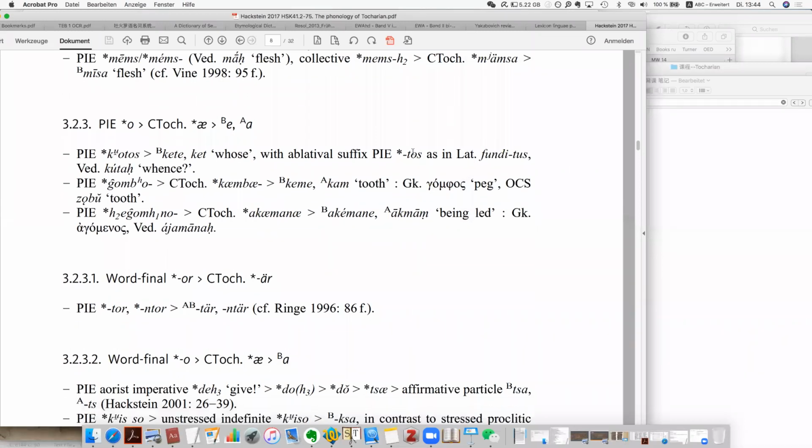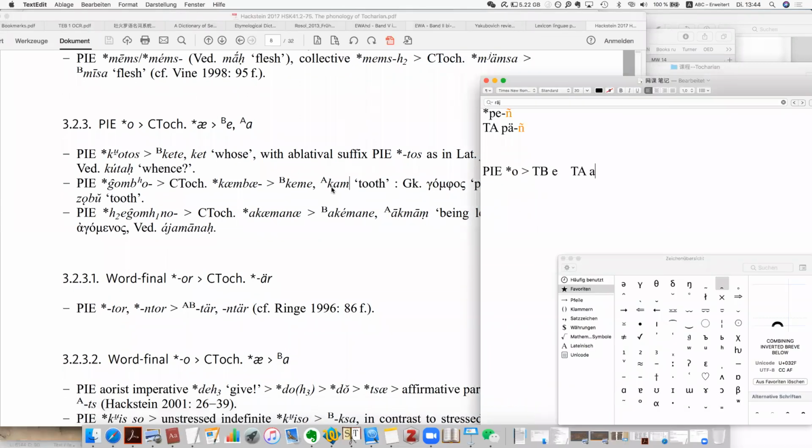So for this example, as I explained earlier, this is the word for gomphos. This has a palatal sound. It will turn into, I write it here.